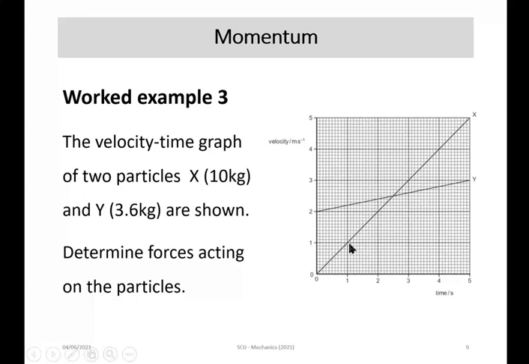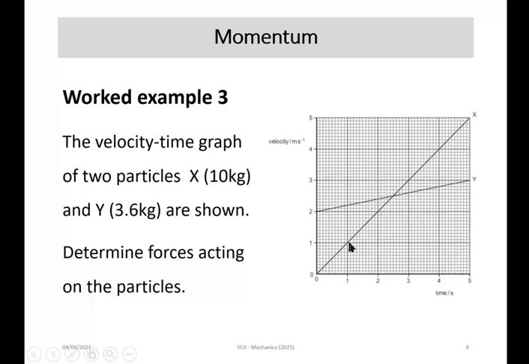Alright. I could have chosen two different points on the same graph because the acceleration is the same throughout. For example, I could have chosen this speed as the final speed, that is 4, and chosen 1 as the initial speed. So the momentum at this point will be 10 Newton seconds, and the momentum at this point will be 40 Newton seconds.